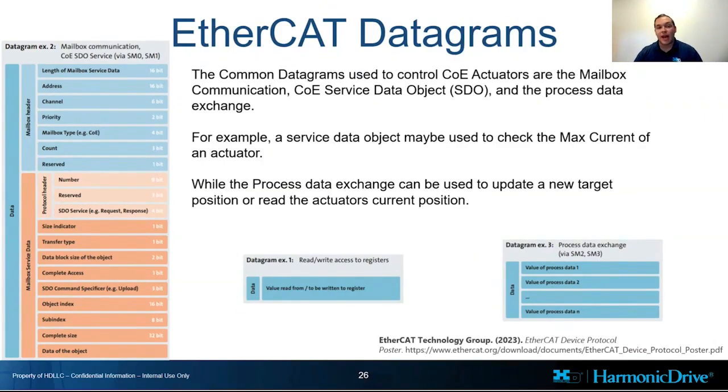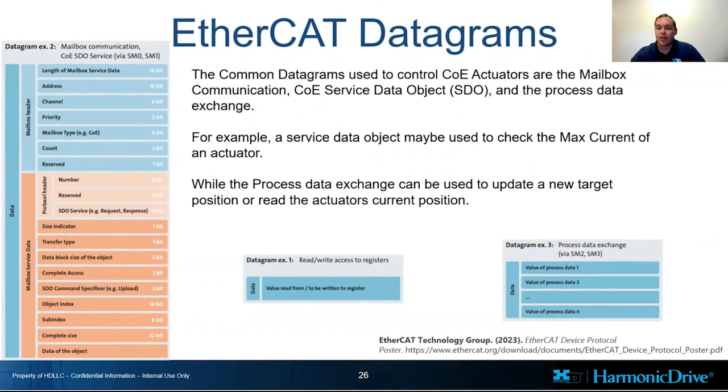Versus the last example we have, which is process data. This is a little more complicated in a general sense, because what's happening here is we have data objects that are mapped out to receive and transmit objects. These process data objects are used for cyclic communication. One example would be, I want to know where my actuator is.